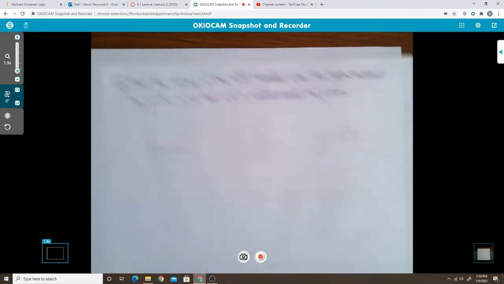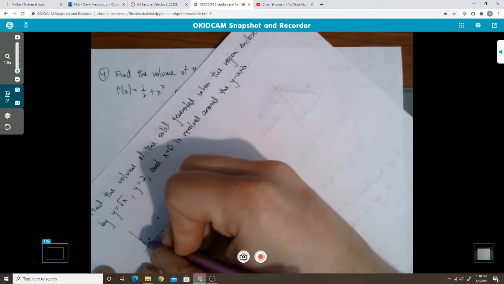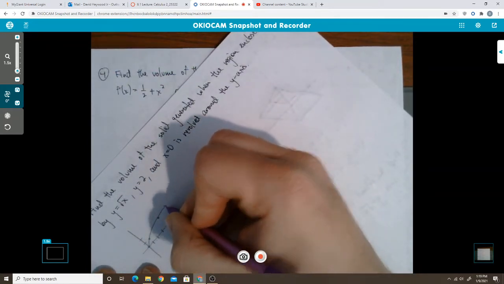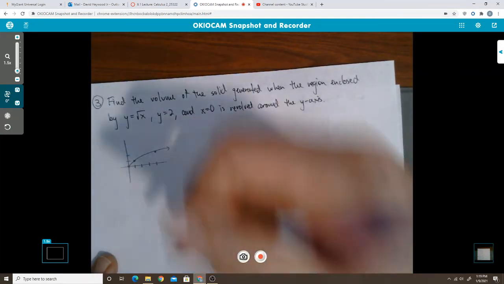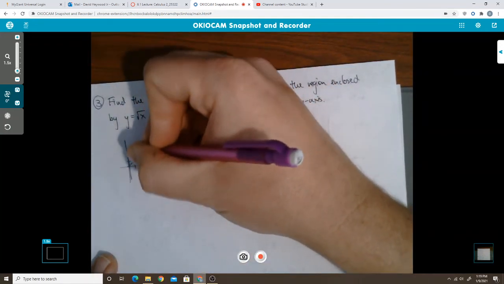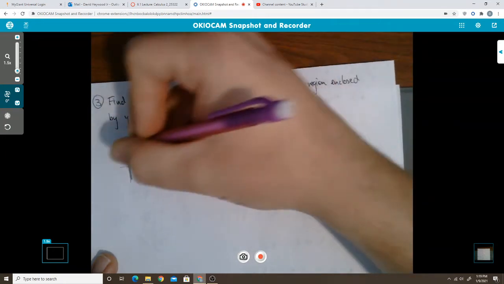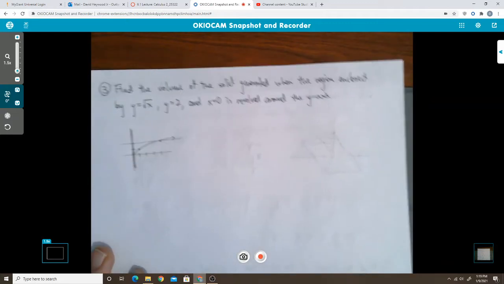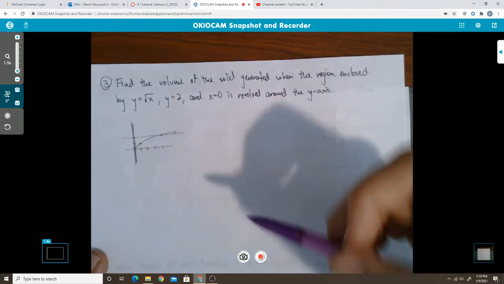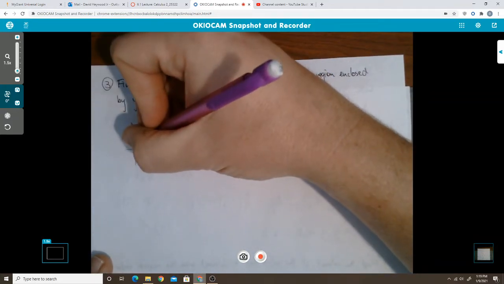So there's square root of x. Okay, x equals 0 is just the y-axis. Y equals 2 is this line right here. So the region enclosed by those three curves is this guy.